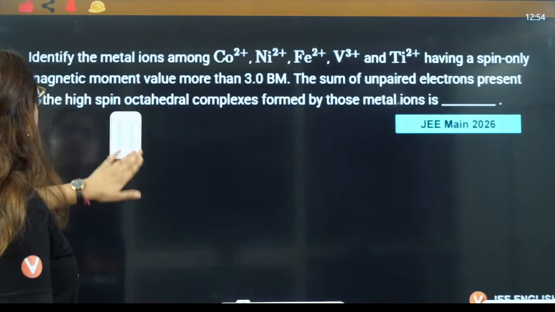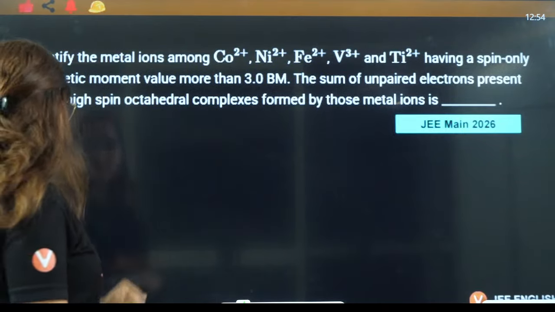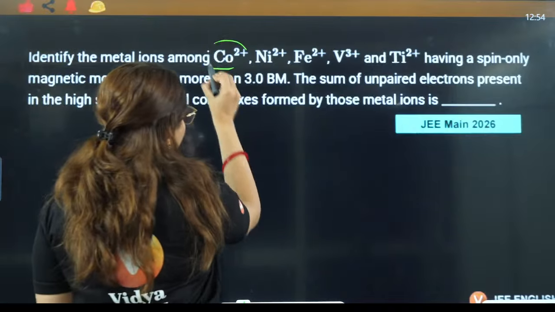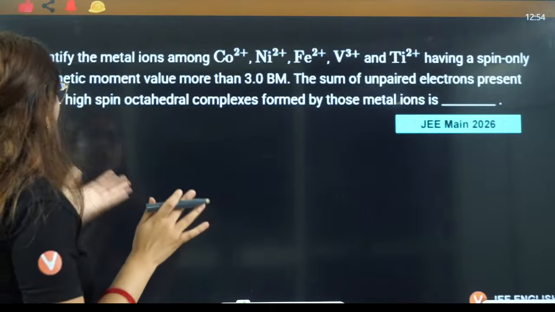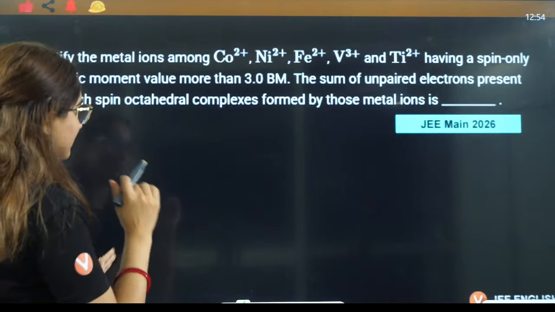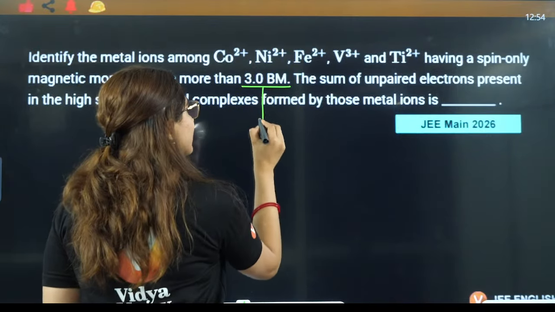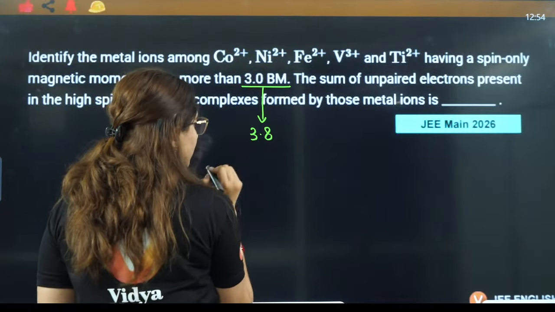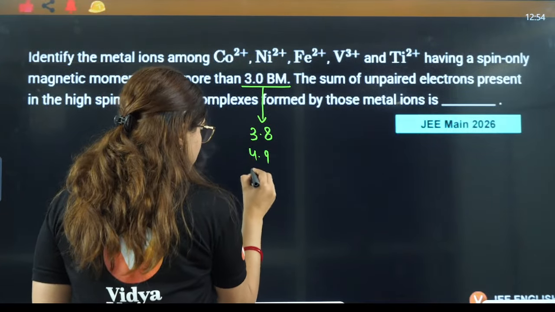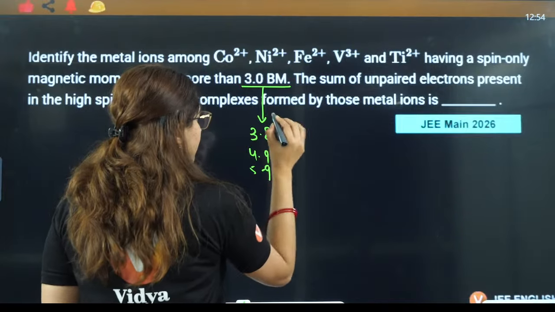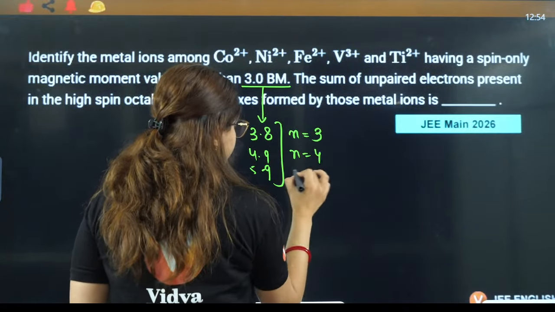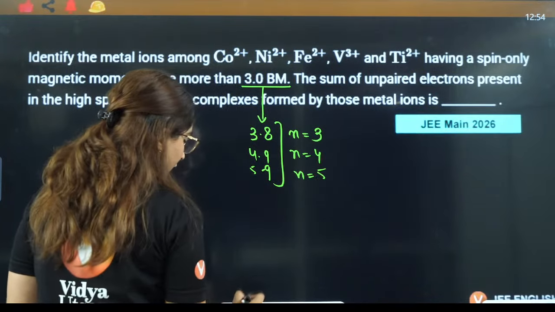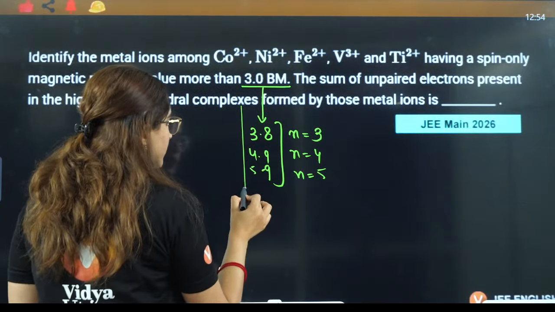Next question is: identify the metal ions among cobalt 2 positive, this and this, having spin-only magnetic moment value more than 3. More than 3 means it should be 3.8, 4.9, 5.9. The number of unpaired electrons can be 3, 4 or 5. Let's talk about that.